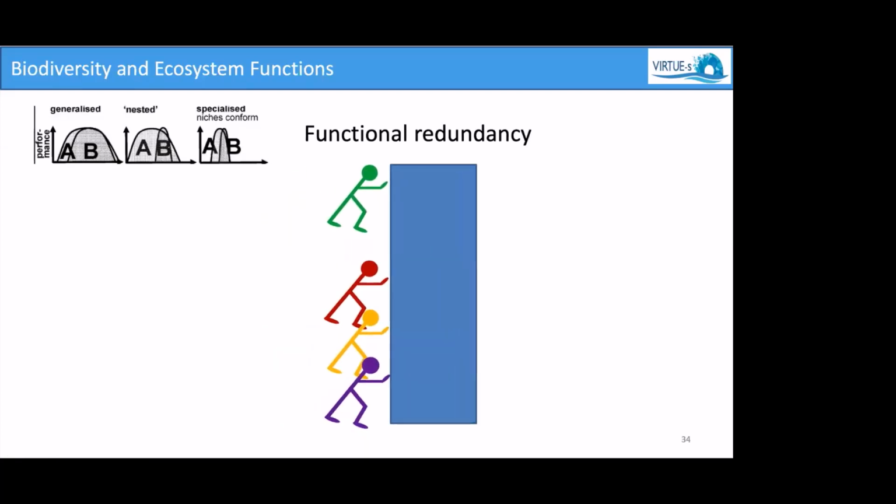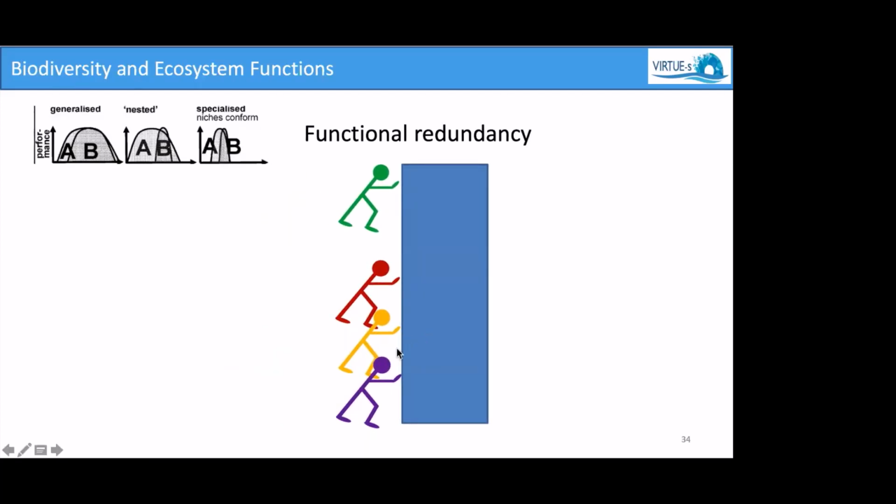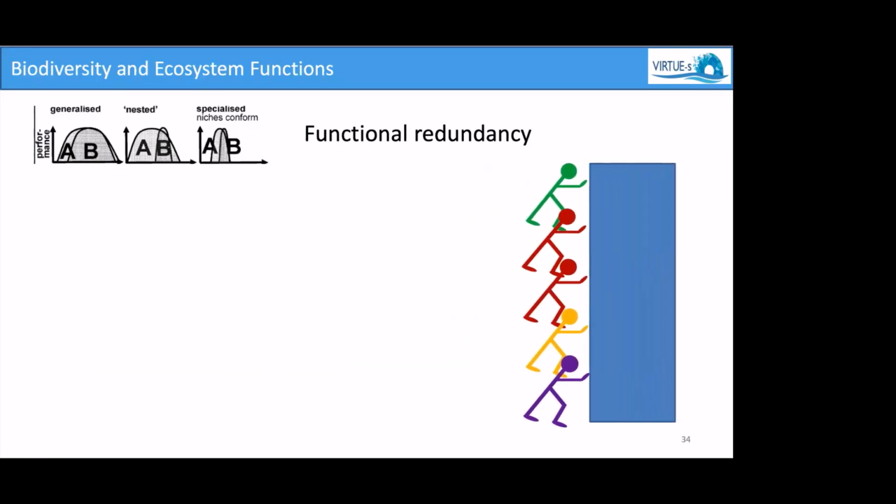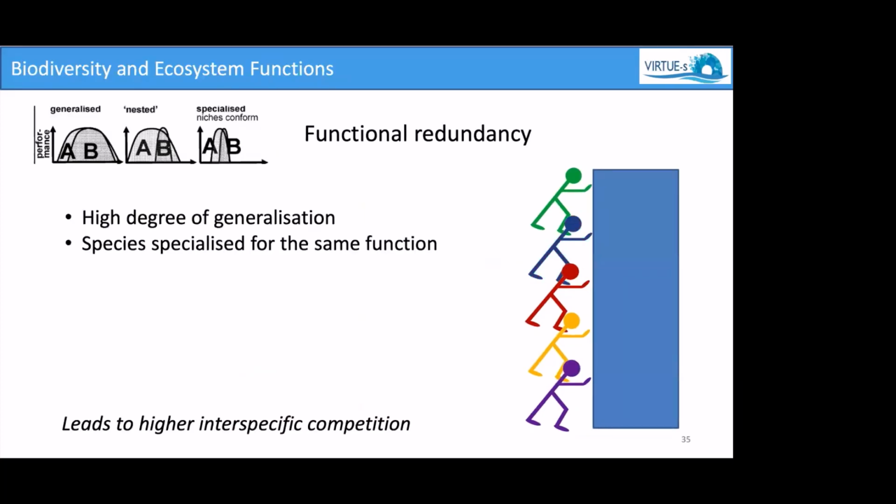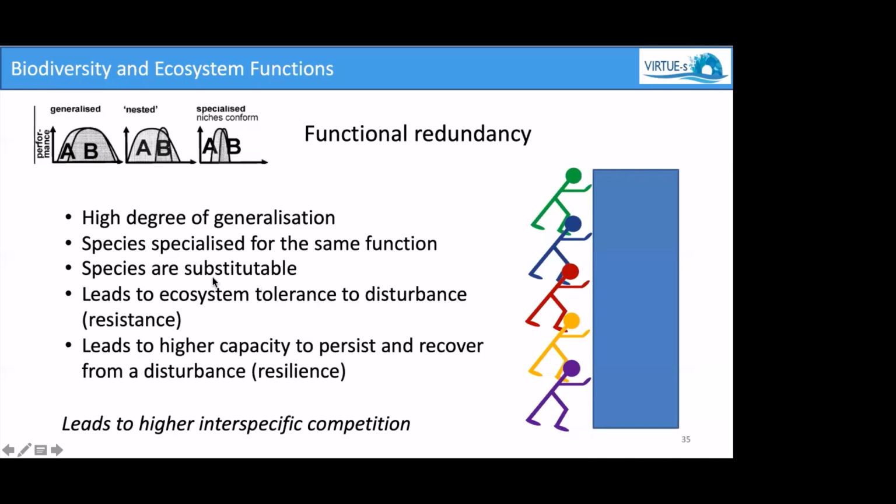At the start, probably it will be slower, but in time, a more resilient species will multiply faster, or will take the place of the species which was lost due to a disturbance, so that the function can go on. So in addition to these characteristics, in functional redundancy, the species are substitutable. The blue one was lost, but it was substituted by the red species.